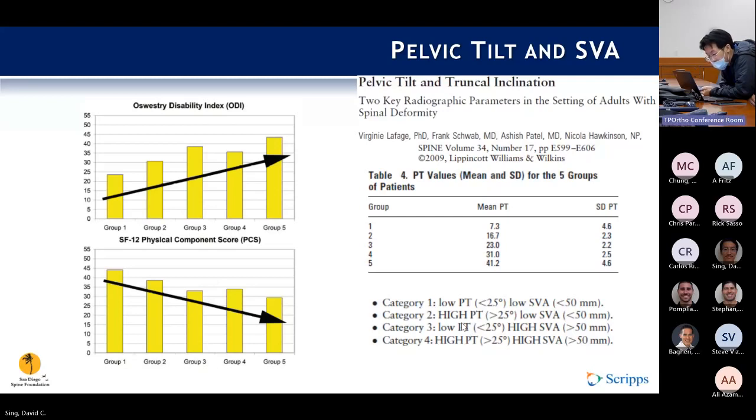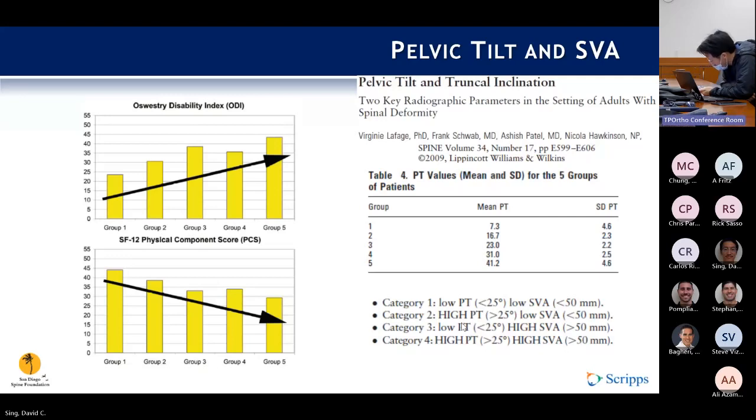The classification of each of these categories of low pelvic tilt and relative to the low SVA, as well as combinations of those, also helped stratify these patients by their degree of sagittal imbalance here.